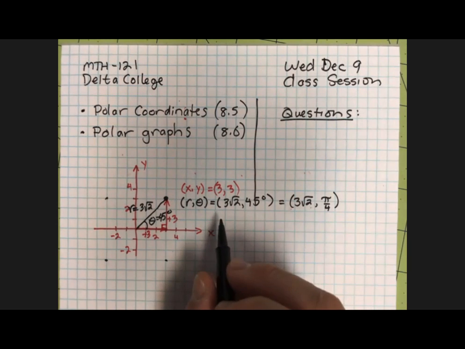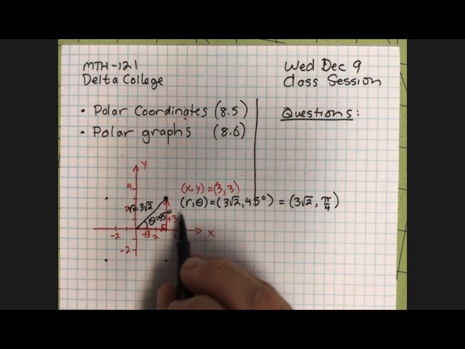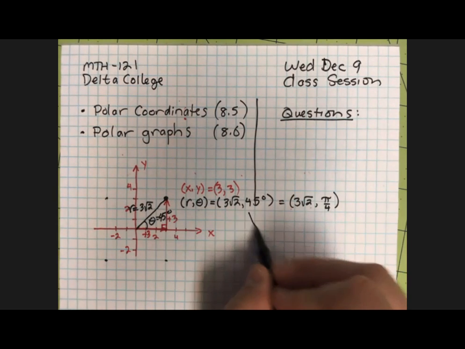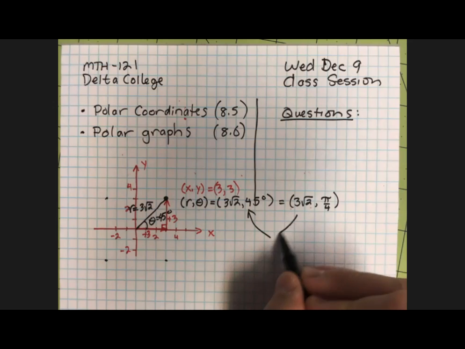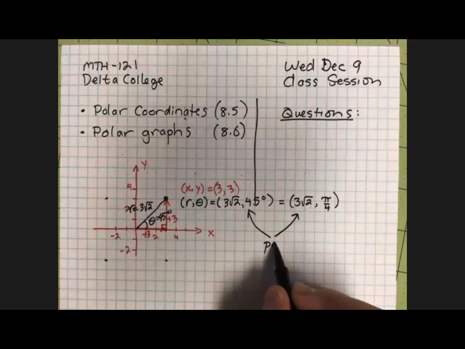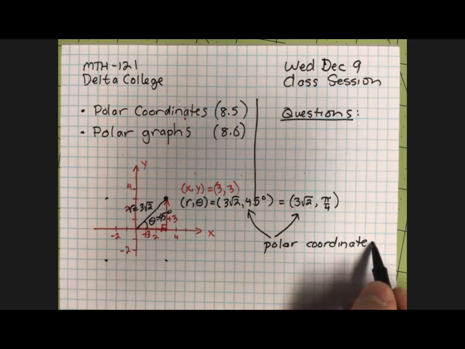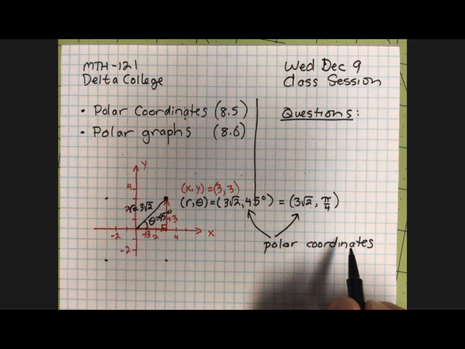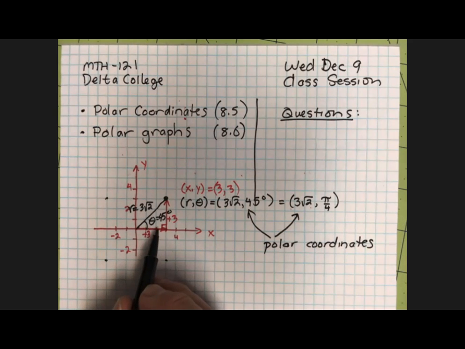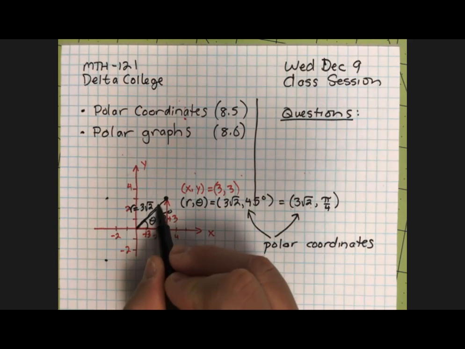Now, the only trick about this is these are called polar coordinates. The only thing you have to be careful about when you talk about polar coordinates is that, from your knowledge of trigonometry, 45 degrees is not the only way to describe this angle.